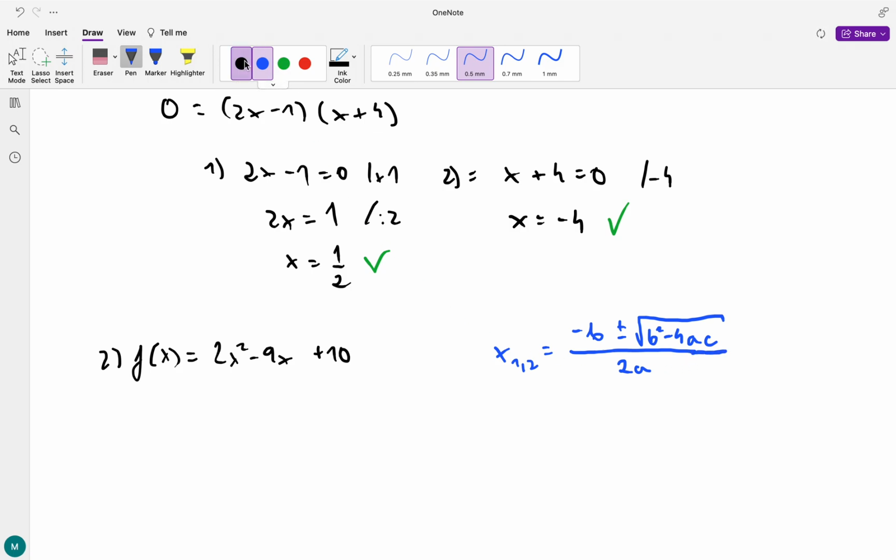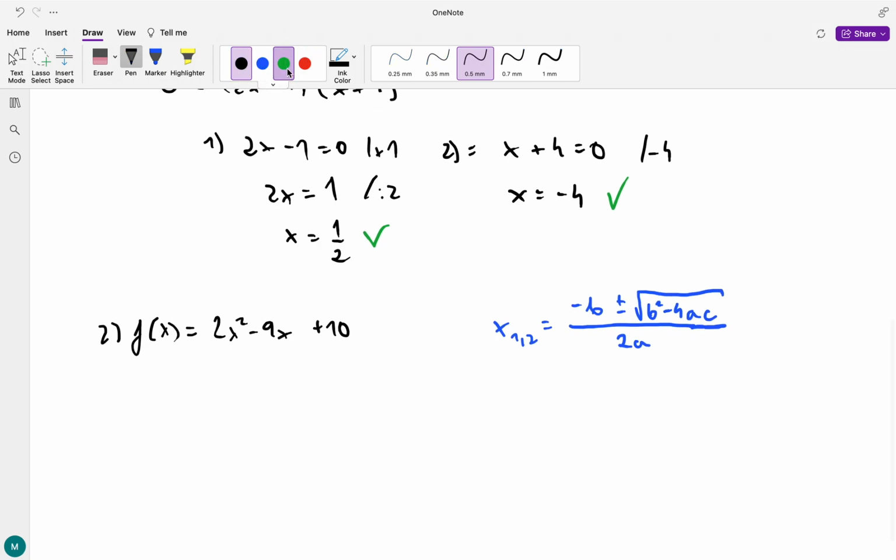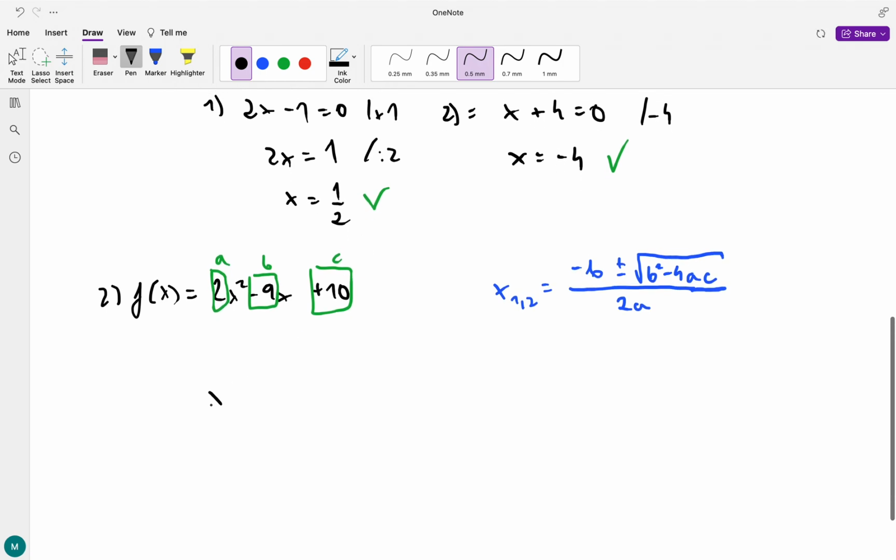So let's start doing our calculations. First, let's label what is a, what is b, and what is c. And now we can plug everything into our quadratic formula.